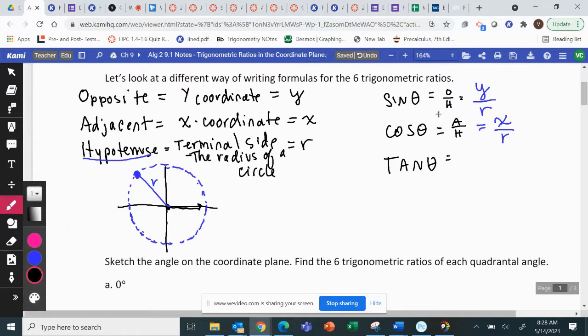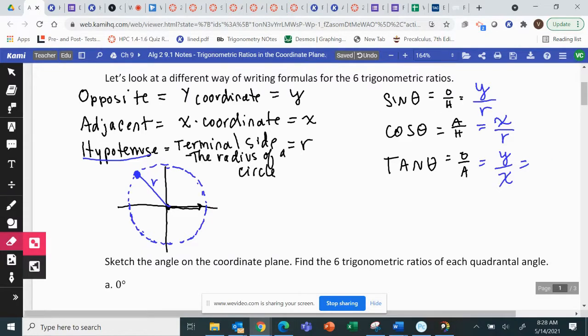And instead of saying tangent is O over A, I'm going to call tangent y over x. Just ignore what I said about r. It's y over x because the tangent is the O over A, right?